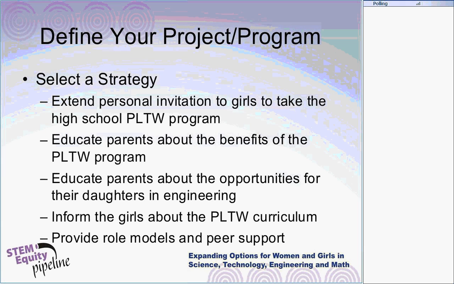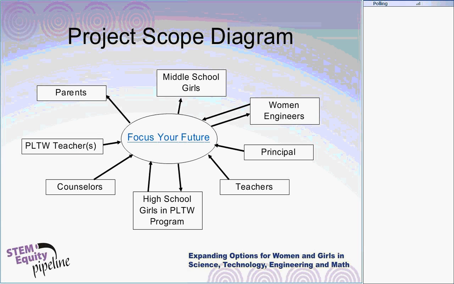So this is the strategy that we've selected, Focus Your Future. Now, the very first thing that your planning group really needs to do is to identify who all the stakeholders are in this particular activity. The reason you do this first thing right off the bat is you want to be sure that your implementation team contains members of all of the stakeholder groups to ensure that your event meets the needs of all your stakeholder groups as well.